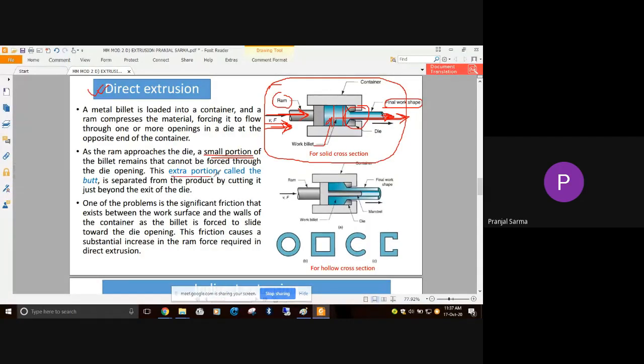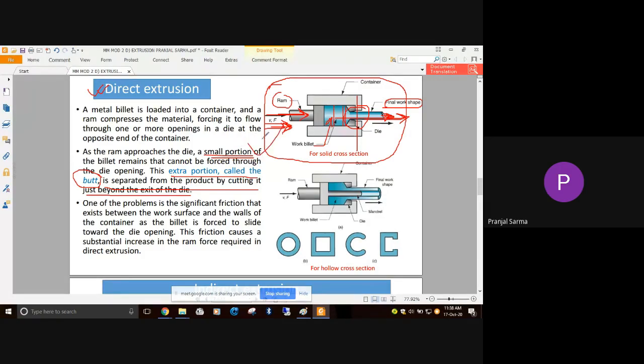That extra small portion is known as the butt. So butt formation is a characteristic of direct extrusion, and this extra portion becomes wastage. Generally this last portion is separated from the product by cutting it just beyond the exit of the die. When it comes out of the die, we trim it off. So that is basically about direct extrusion.